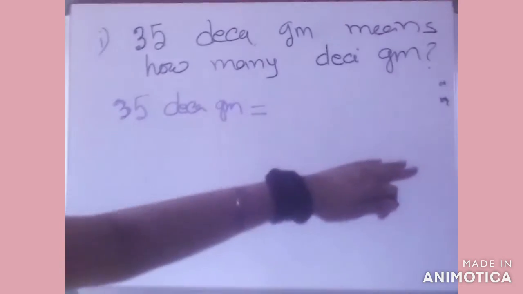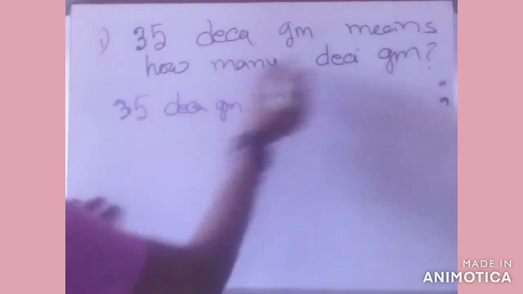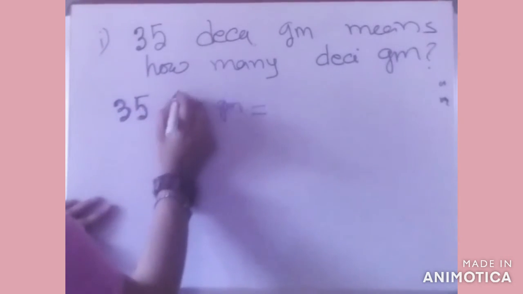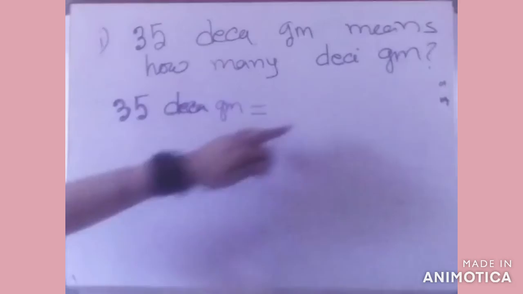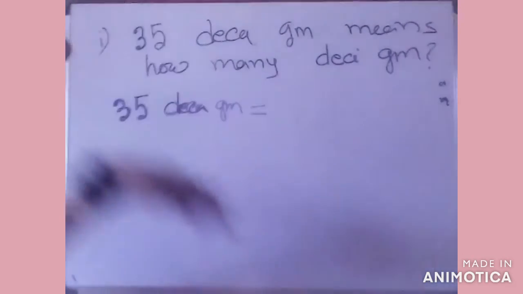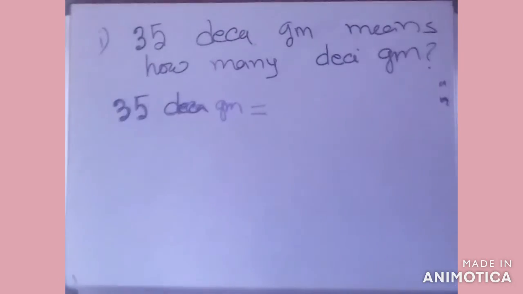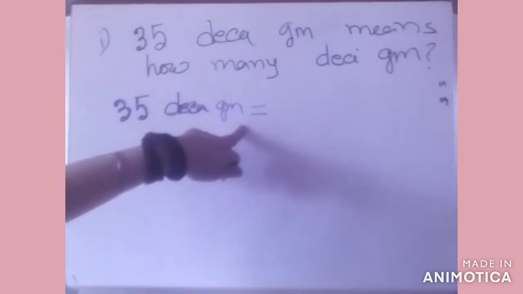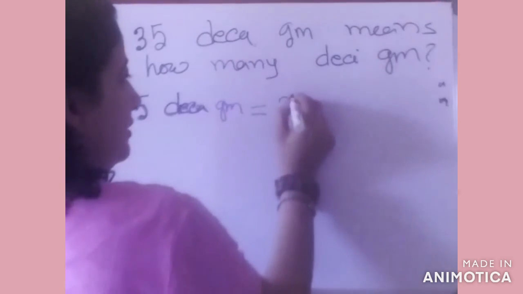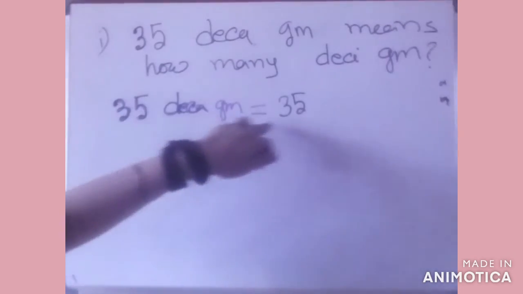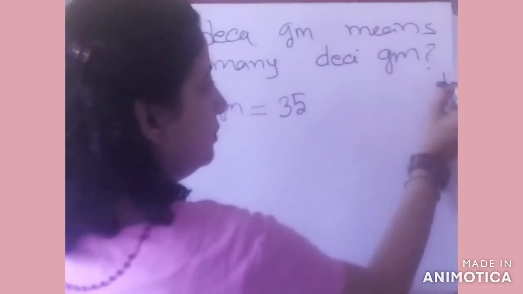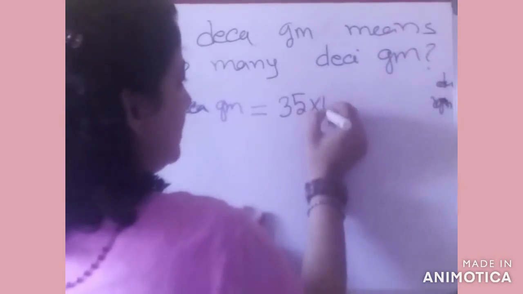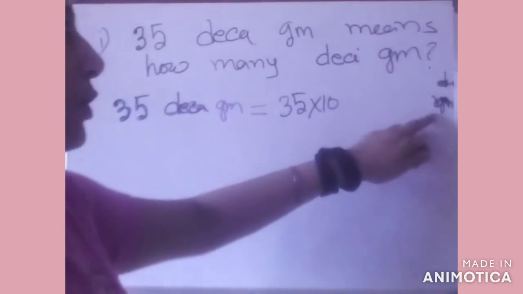Now quickly we are doing this sum. Here, 35 decagram means how many decigram? See, 35 decagram. Deca is the upper unit with respect to deci. So whenever we go down from deca to deci, each time we have to multiply with 10. So when we go from decagram to gram, there will be 10, so we multiply with 10 to get gram.